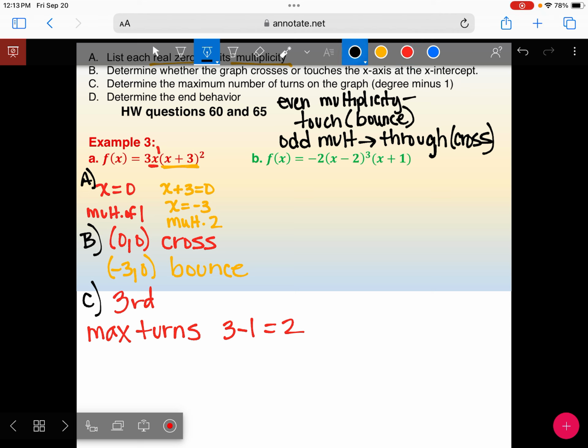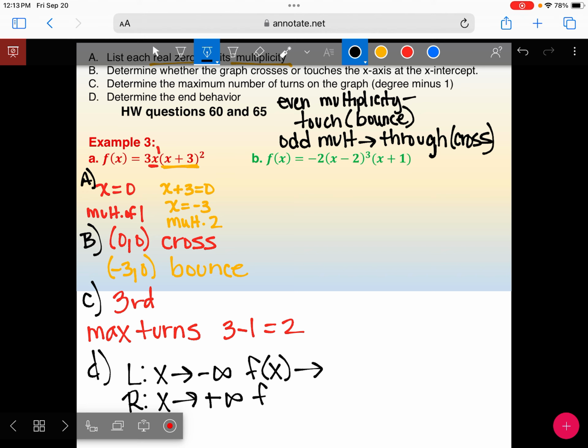So now let's talk about our end behavior. On the left side, as x approaches negative infinity, f of x approaches. If you look at that handout that I had you glue down yesterday, we need to figure out what is going to happen on the ends of this graph.